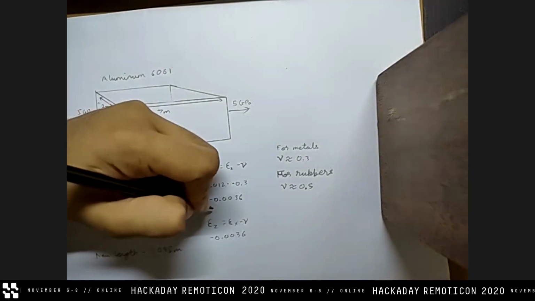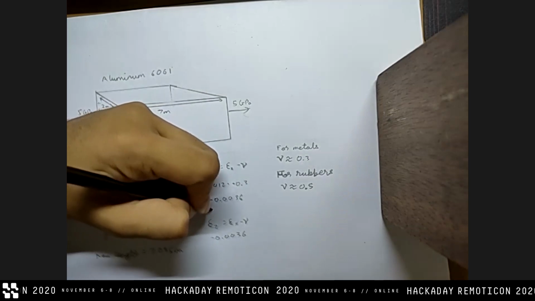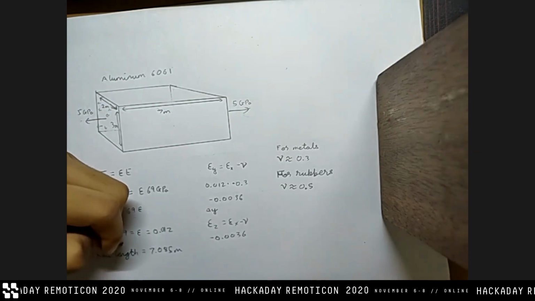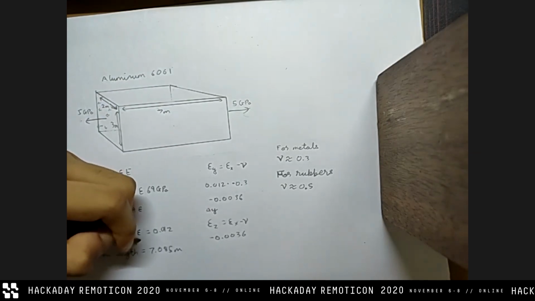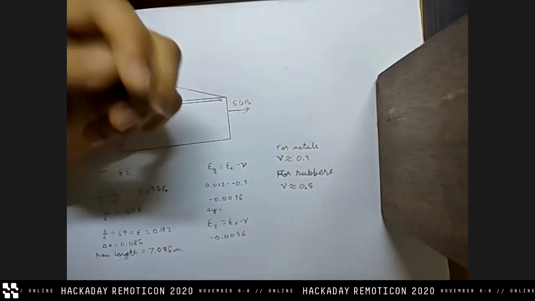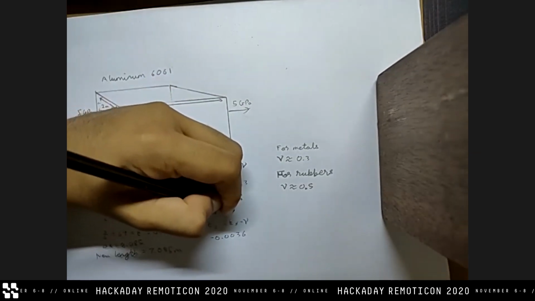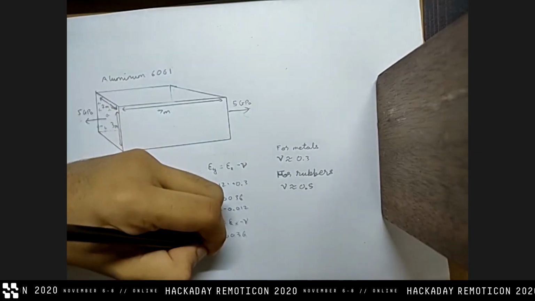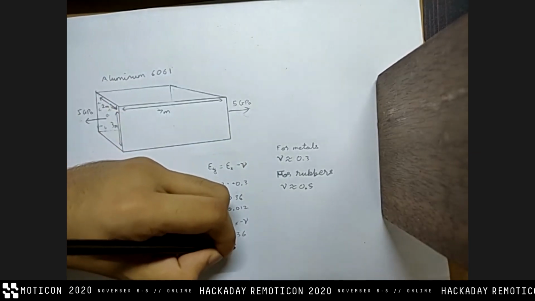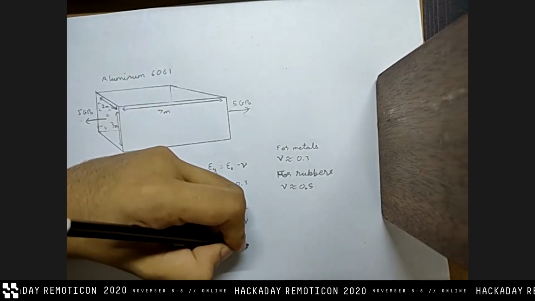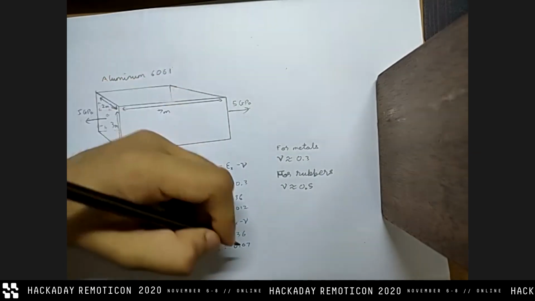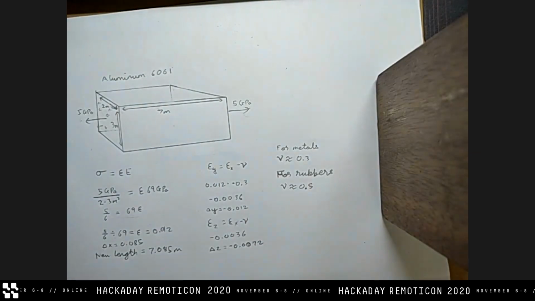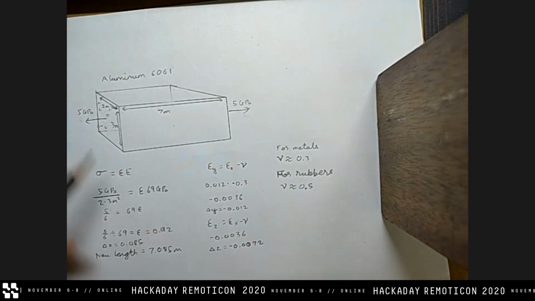Upwards is y, so that means delta y is equal to negative 0.012, and delta z is equal to negative 0.0072.